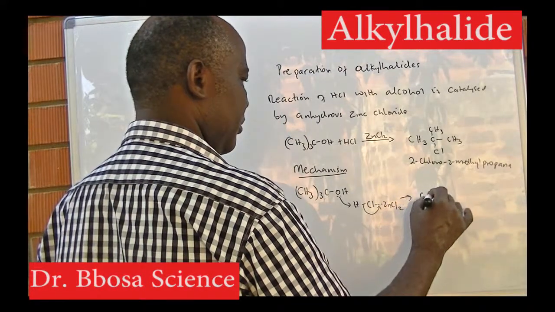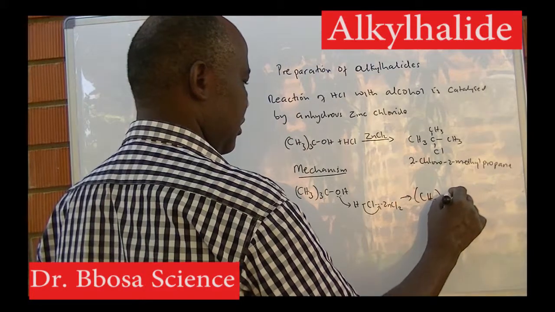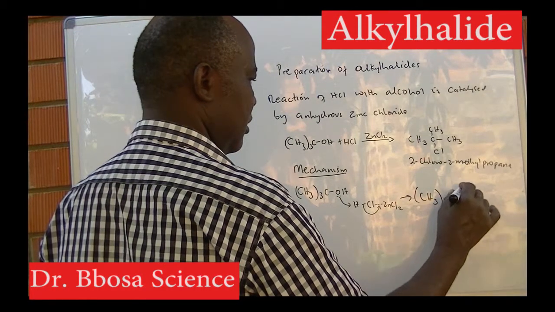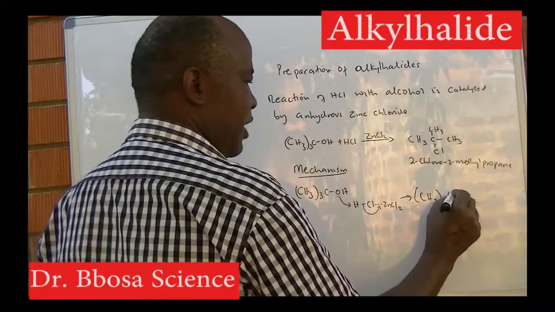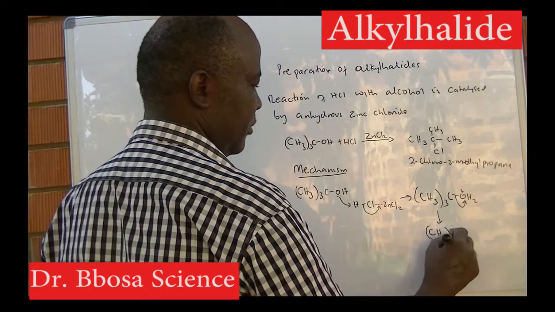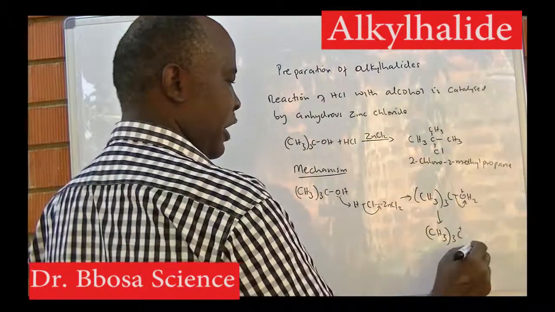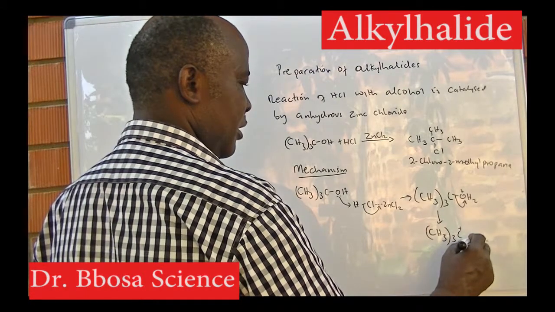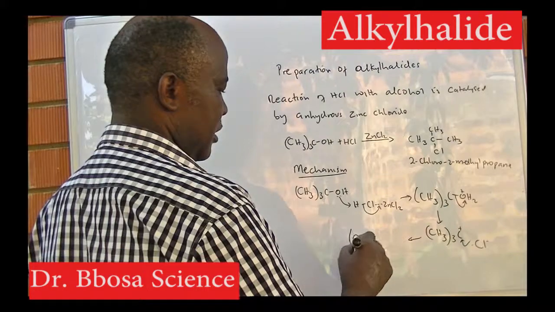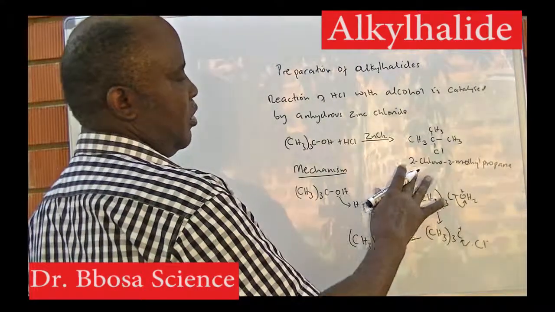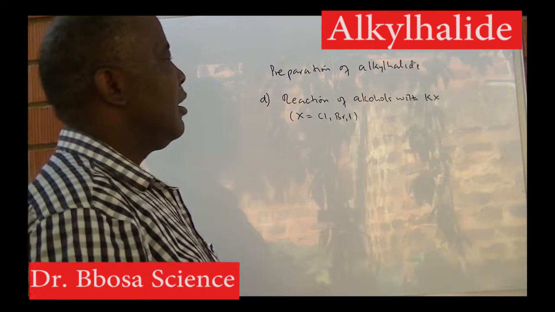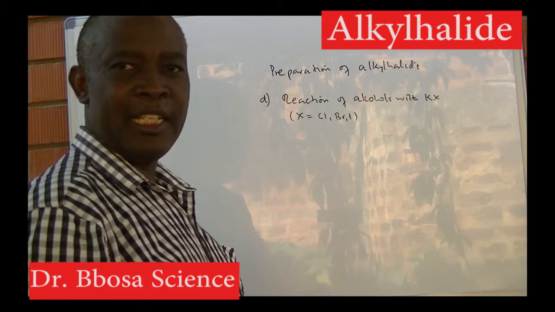The next step, this one being a tertiary alcohol, it first loses the water molecule to form a carbocation, then the chloride ion uses a pair of electrons to react with the positive carbon, and then you get 2-chloro-2-methylpropane.